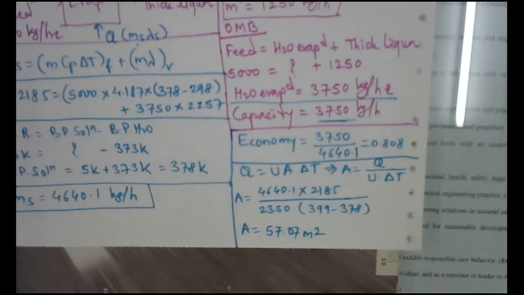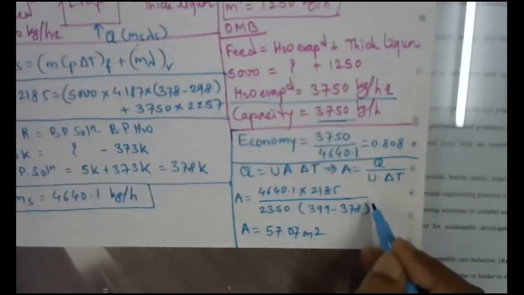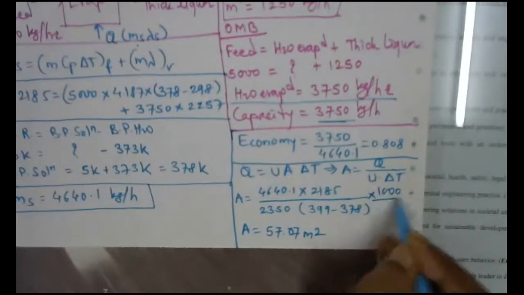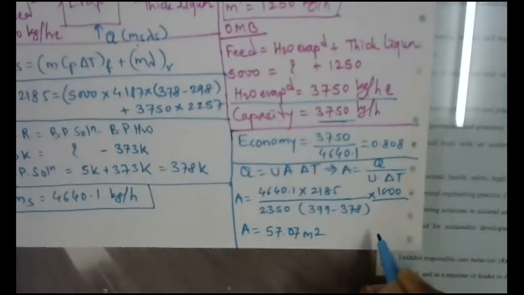But in this case, please note that the mass flow rate is in kg per hour, the latent heat value is in kilojoules per kg, and the U value is in watt. So per hour and kilojoules are the units which we have to convert. From kilojoules to joules, we multiply by 1000, and for hours to seconds, we divide by 3600.